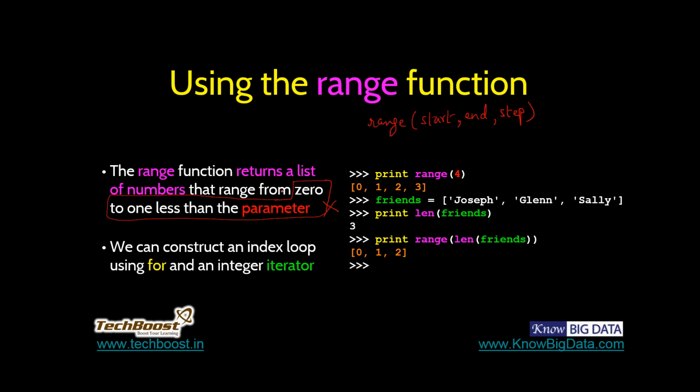As we said, the range function returns a list of numbers that range from the start and end. The end is in fact not included, so it is one less than the end.